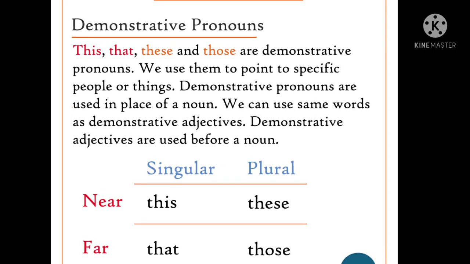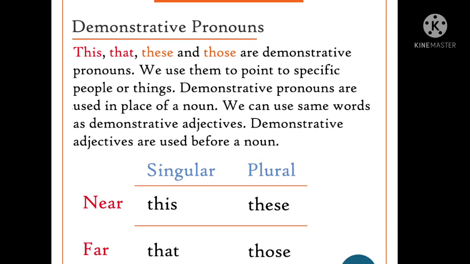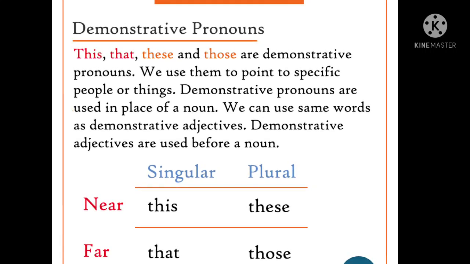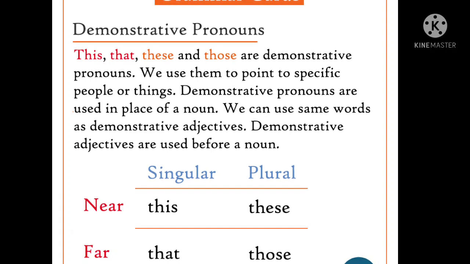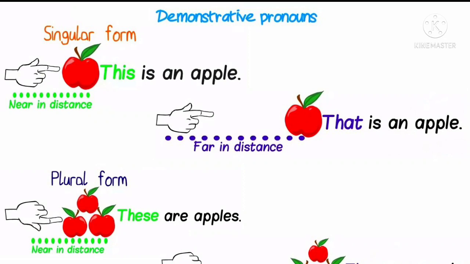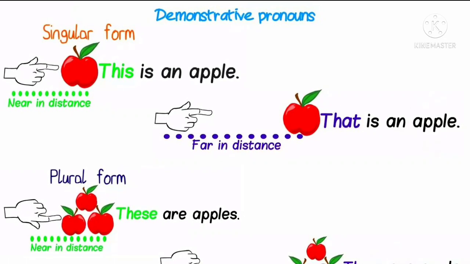Let us read. This, that, these and those are demonstrative pronouns. We use them to point to specific people or things.